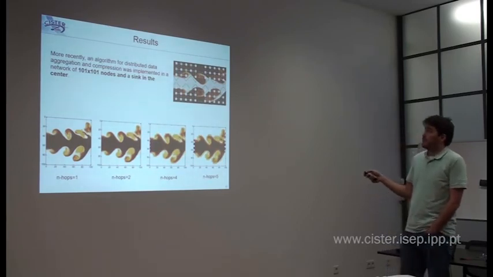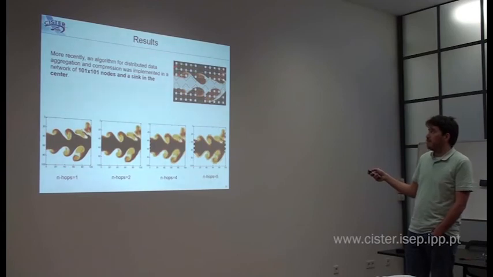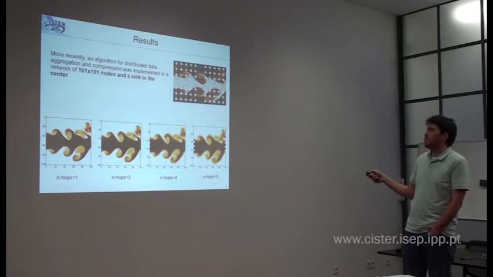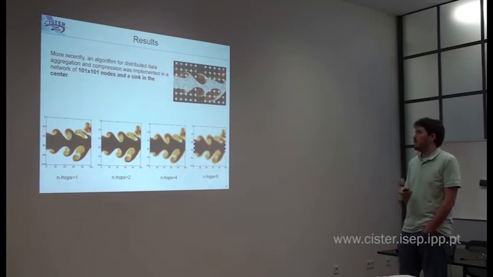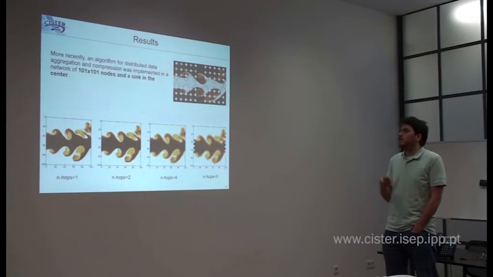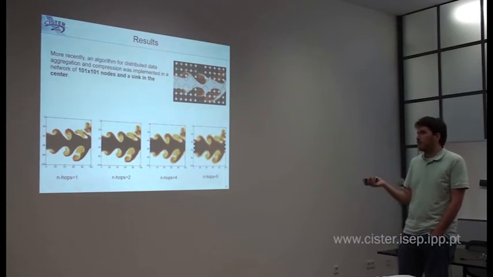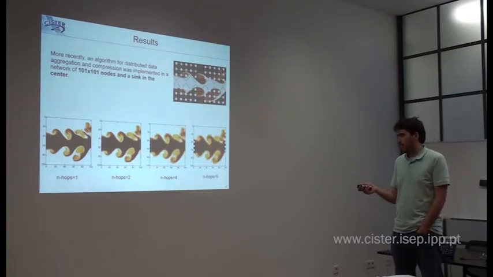But what if we define neighborhoods like this, in which only the node in the center transmits some compressed data from its neighborhood? Then you can decrease latency and end-to-end delay, but you lose resolution.